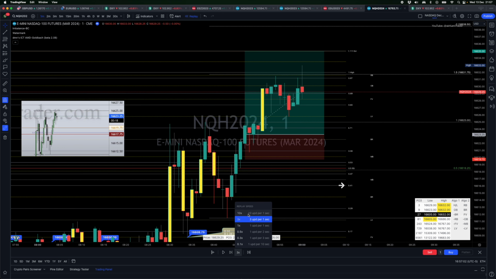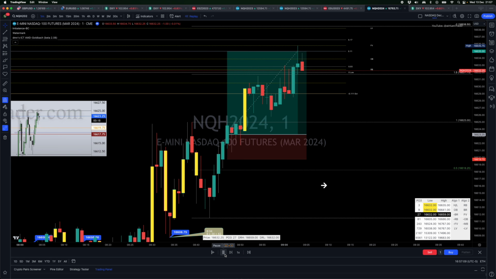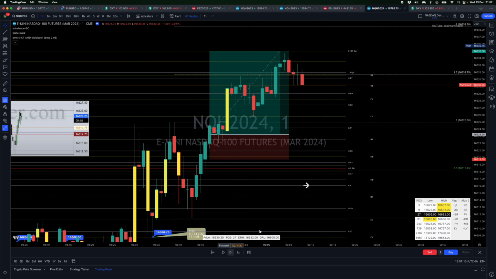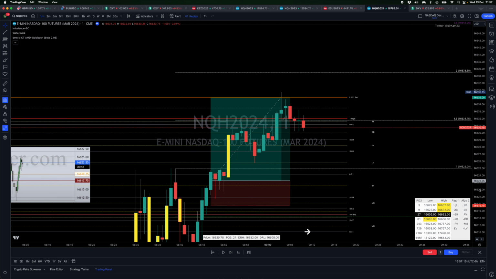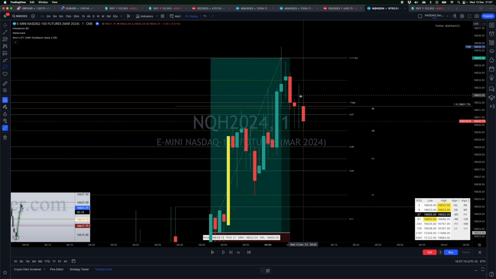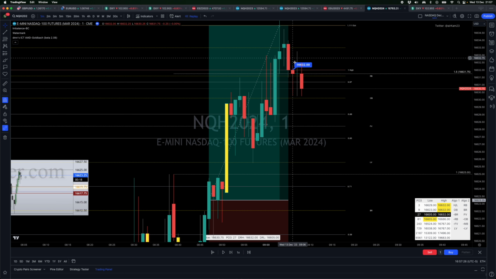Let's just play these candles through. Bang, extension. See how price is respecting the high now. Right, see how it's respecting the high and it's falling back into the dealing range.